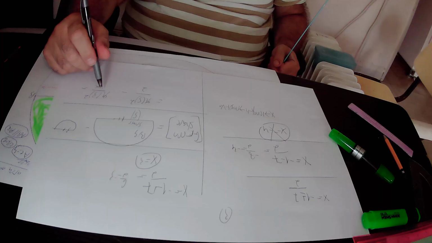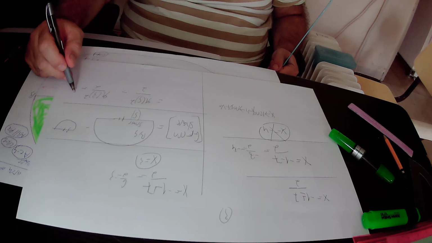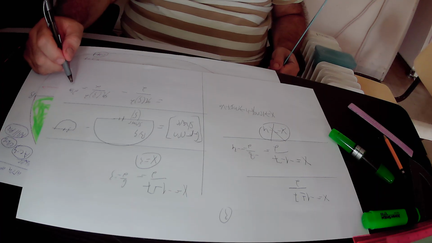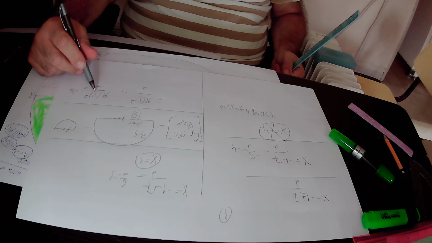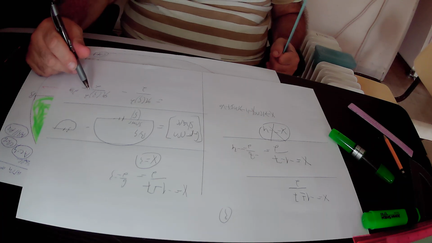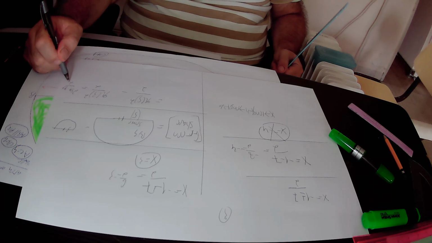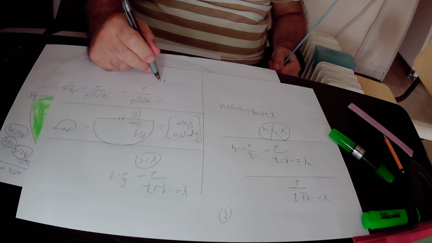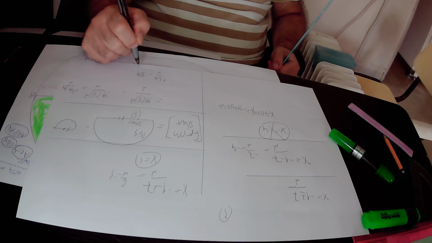5 square is 25, so in total, in this expression, we have 25 pi over 2. 3 square is 9, so in this expression, we have minus 9 pi over 2. 25 pi minus 9 pi is 16 pi over 2. 16 pi over 2 is 8 pi.